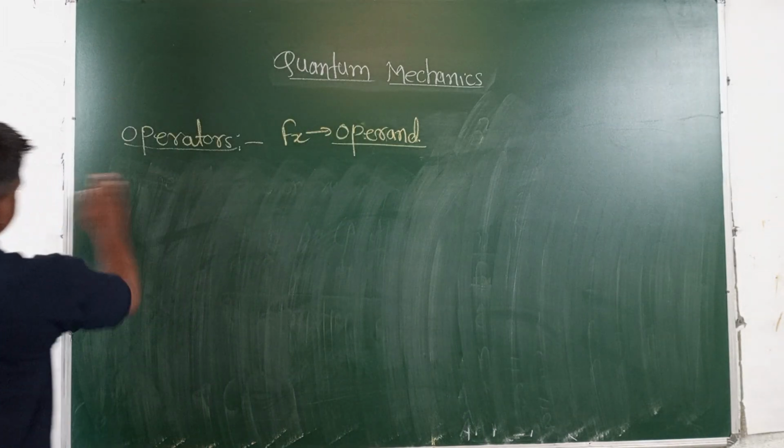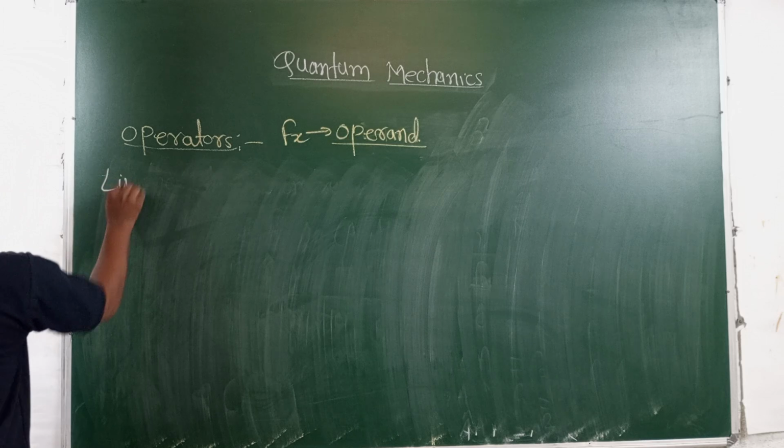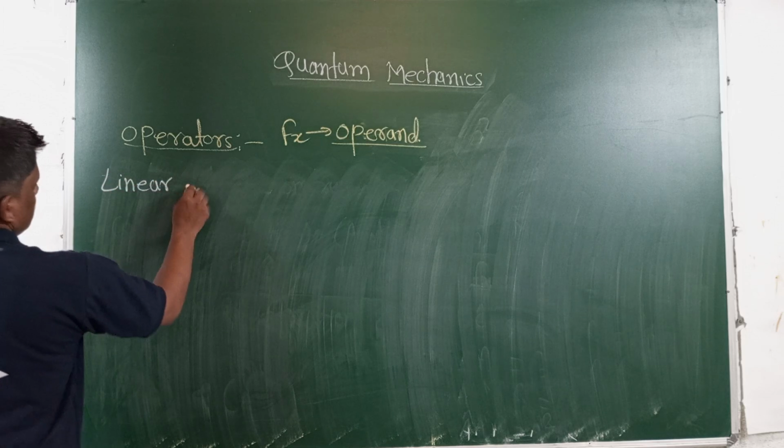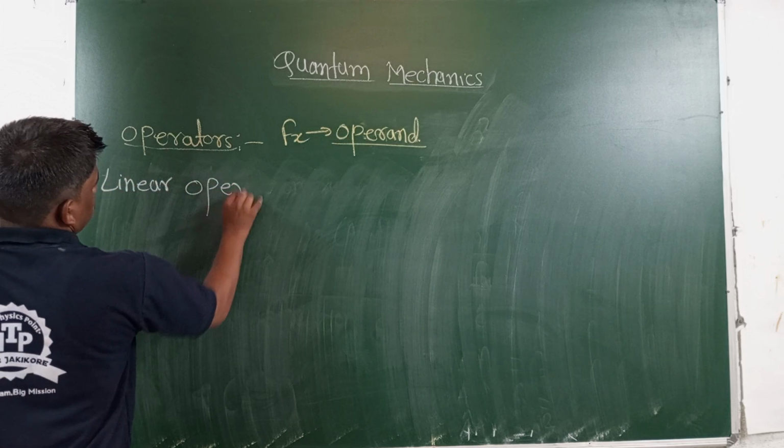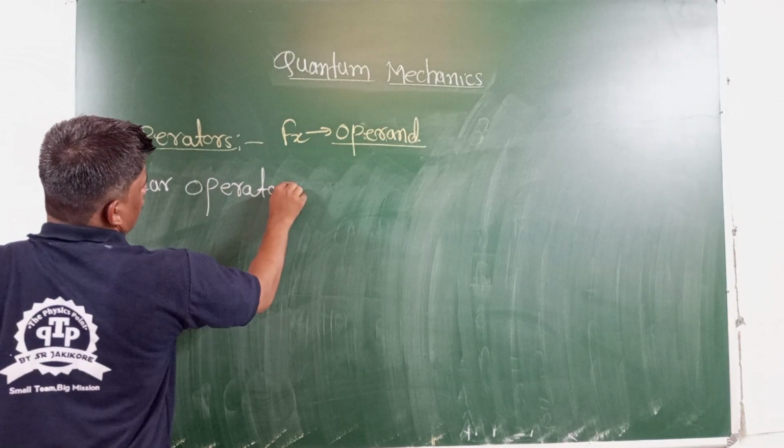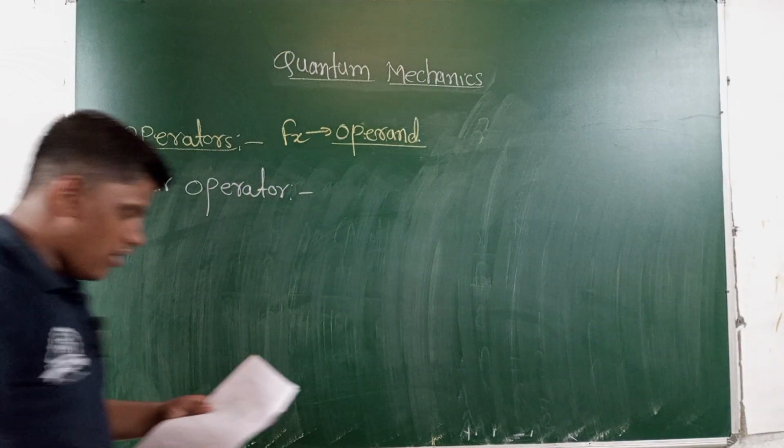Linear operators. This is the third type of operator, that is linear operators.